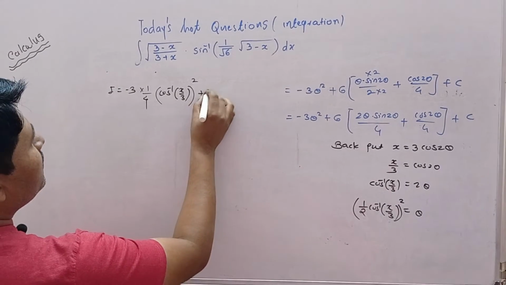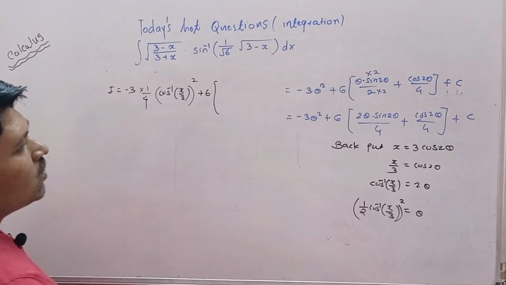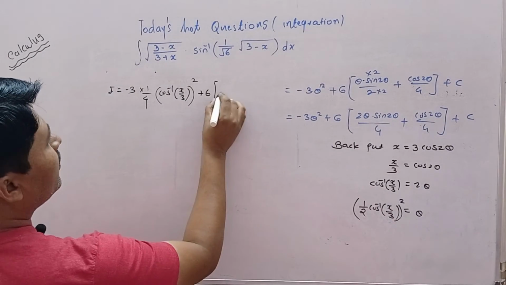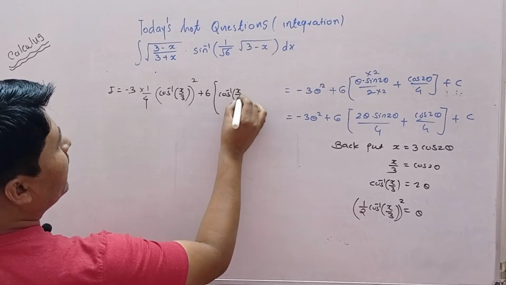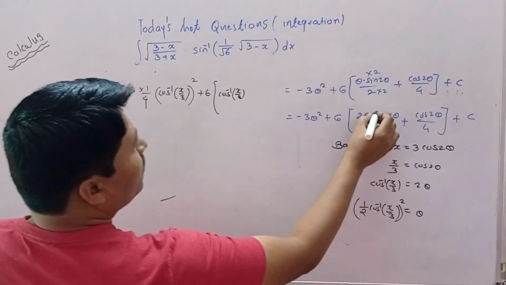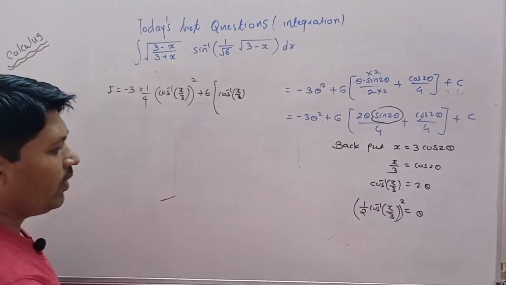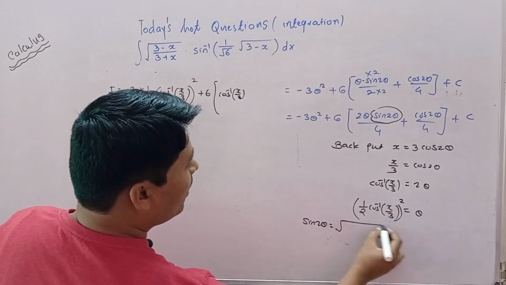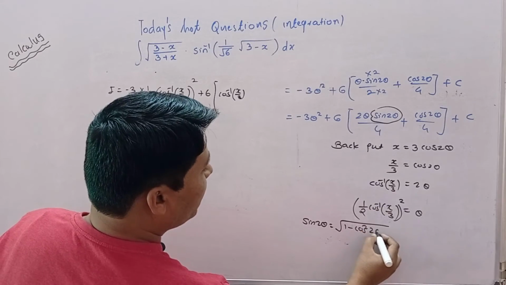Now this is the plus 6, and we know that 2 theta is cos inverse x by 3, so this is cos inverse x by 3, and we need sin 2 theta. Here sin 2 theta is equal to the square root of 1 minus cos squared 2 theta.